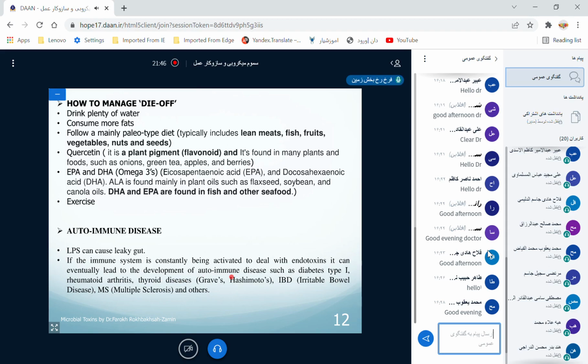So when one person has repeated infections with gram-negative bacteria, and the immune system is active against gram-negative endotoxins all the time, after some time there is autoimmune disease.